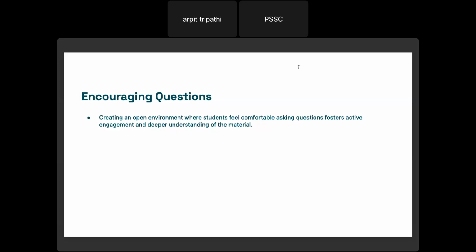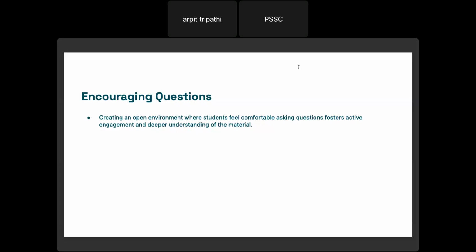Active engagement techniques. So, what can be used in it? Group discussion can actively engage students. Peer teaching, when peer education is going on. Hands-on activities promote student participation and facilitate meaningful interaction.